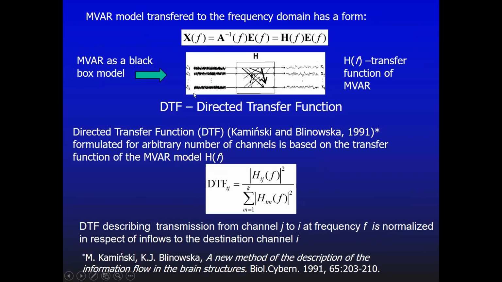The MVAR model can be transferred to the frequency domain, and then it has this form. And H is the transfer matrix of the model, which is expressed by the inverse of the matrix of model coefficients. It can be illustrated as a black box model with the white noises at the input, a time series at the output, and the information about the relations between the signals is contained in this transfer function.